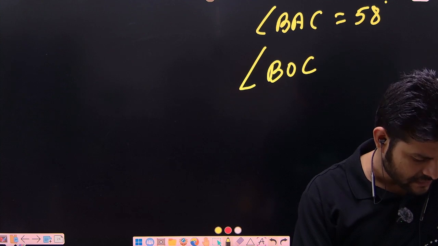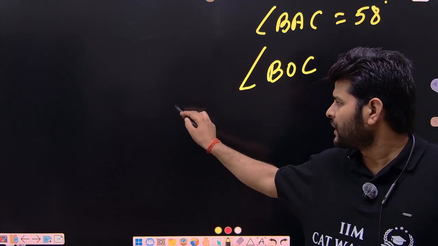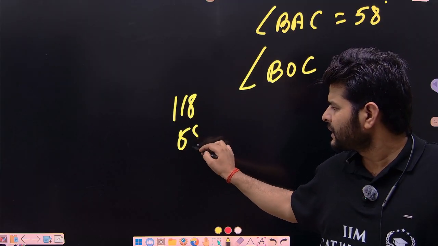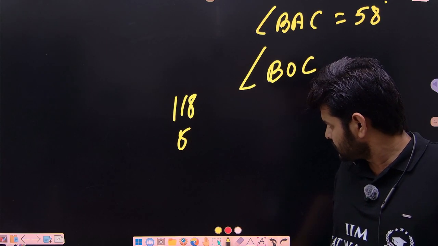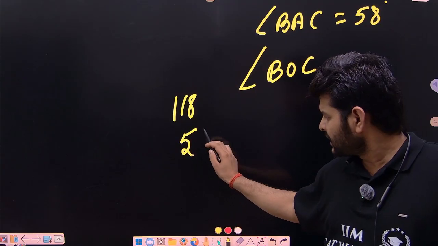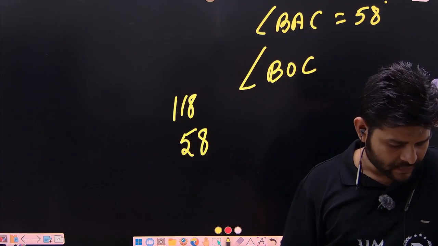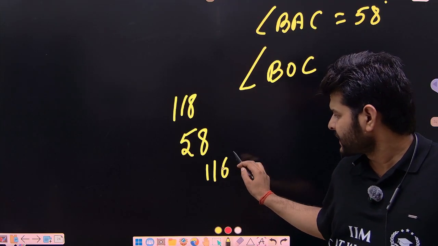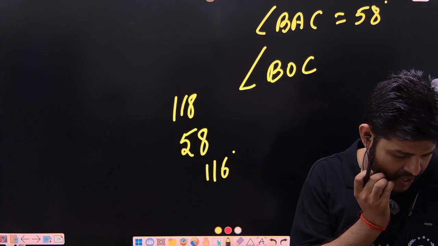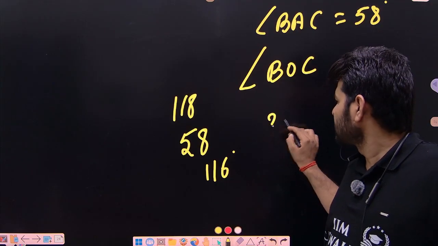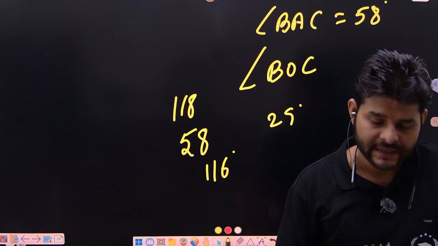Your options are 118, 58, 116, and 29. Snaps questions.